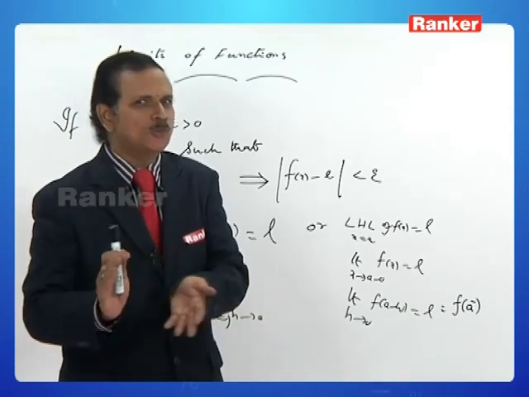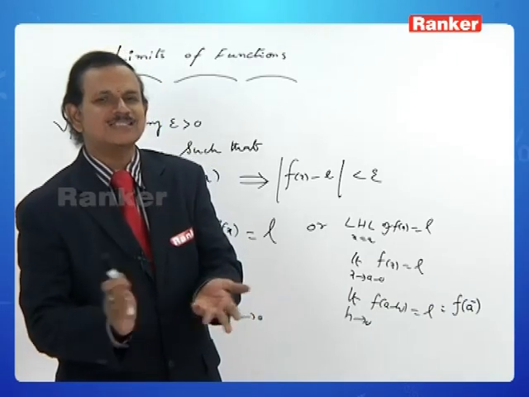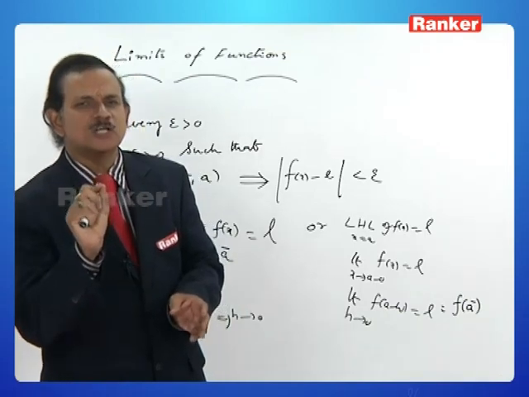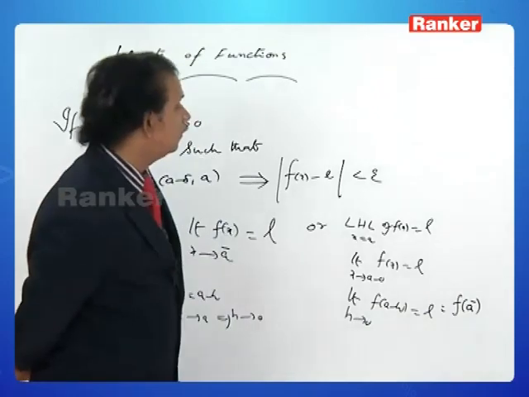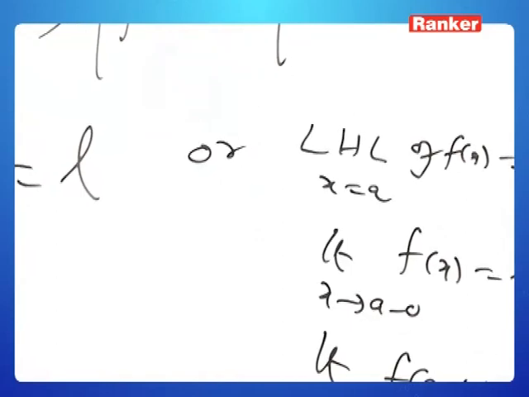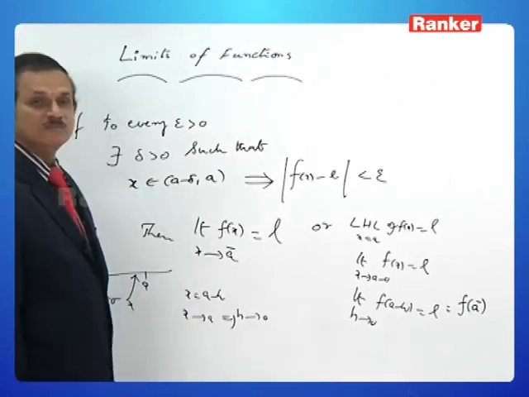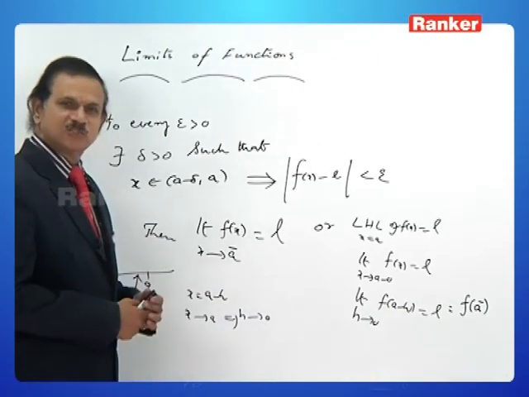X is left to a, that is, x is less than a. How much less than? A very little quantity, say h. So x is of course a minus h. Well, this is the way of conceptual explanation of left hand limit. Now let us observe some more, very few modifications to this definition.